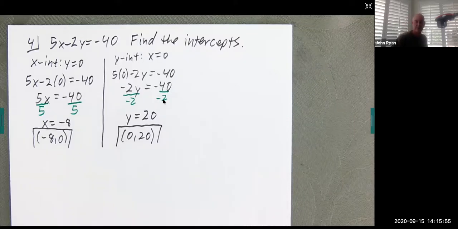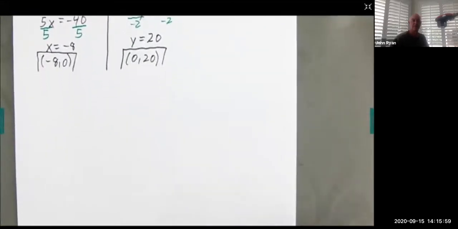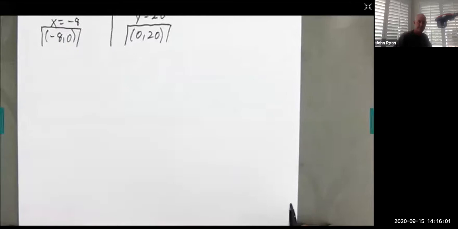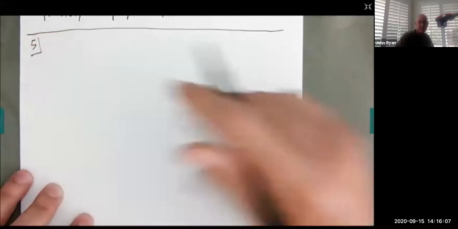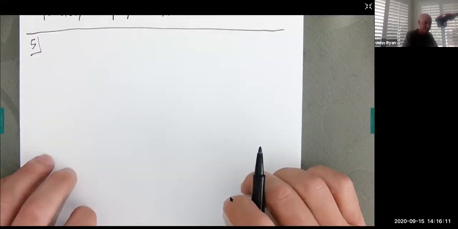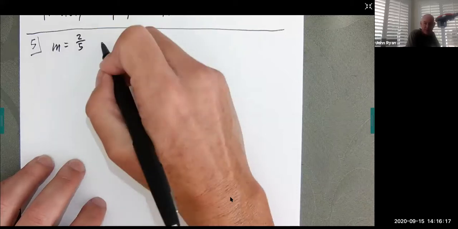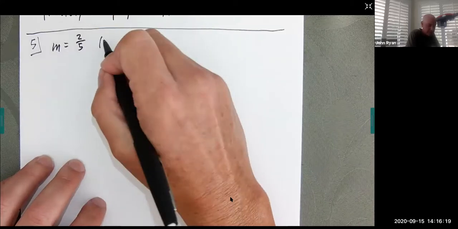All right, next up on number 5. What they want us to do is find the equation of the line with a slope of 2/5 that goes through the point (25, 0).